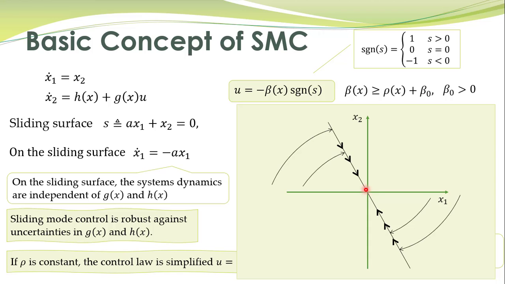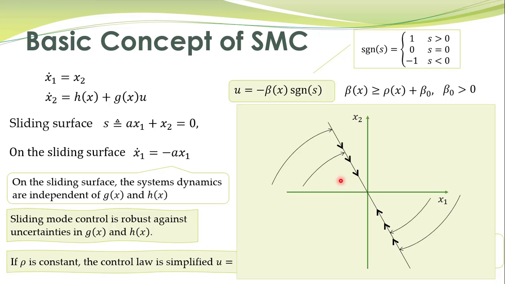Is that clear? This control law will bring any initial condition to the sliding surface and will maintain the trajectories on the sliding surface. And on the sliding surface, the states will converge asymptotically to the equilibrium point at the origin. And on the sliding surface, the system dynamics are independent of nonlinear functions. Therefore, this approach is robust against uncertainties.